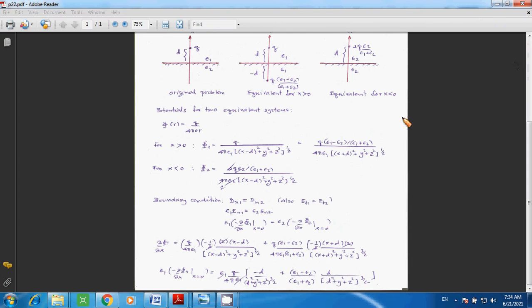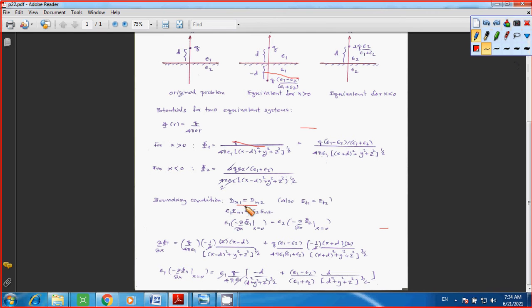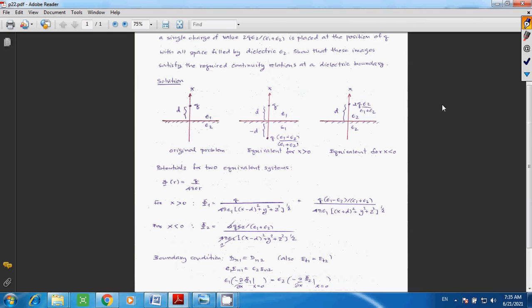That's the boundary condition. N means the normal to the boundary, in the x direction. And also you have Et1 equal to Et2, the electric field, where t represents the transverse electric field in the y direction, but we're going to apply Dn1 equal to Dn2. That's the continuity.